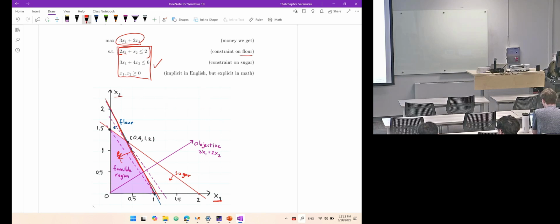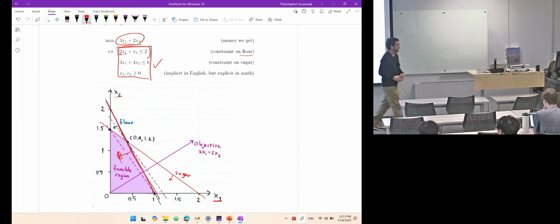And basically it says that with this objective, you want to go as far as possible in the objective direction. So what is asked is to find a point in this feasible region that goes as far as possible in the objective direction.